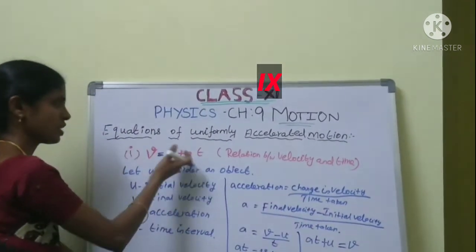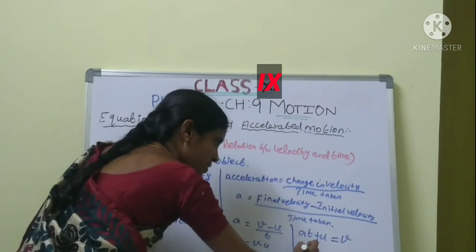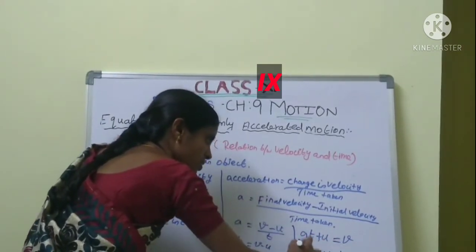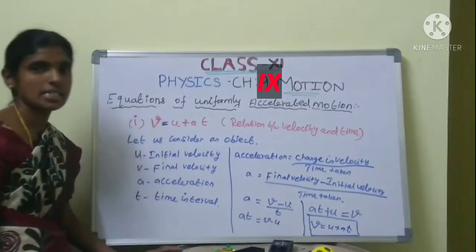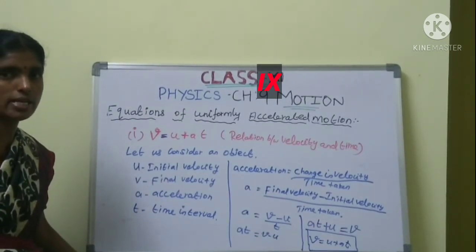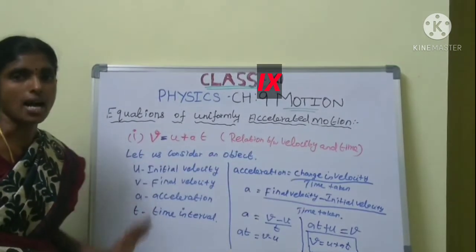This equation has been derived. So we can write v equal to u plus at. The first equation has been derived. Are you clear, students? What is the first equation? The relation between velocity and time.